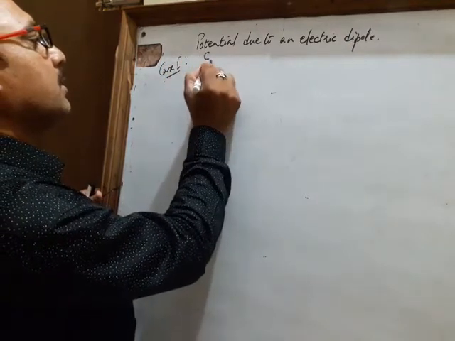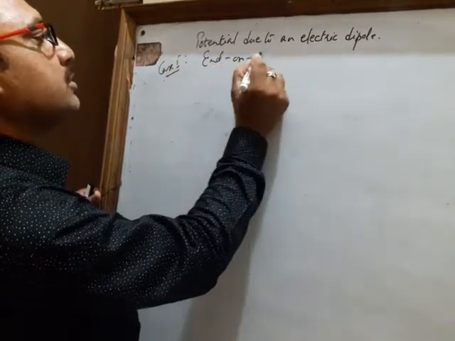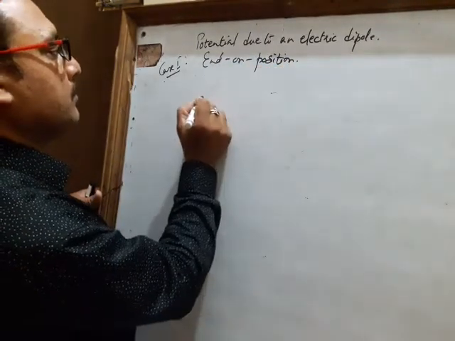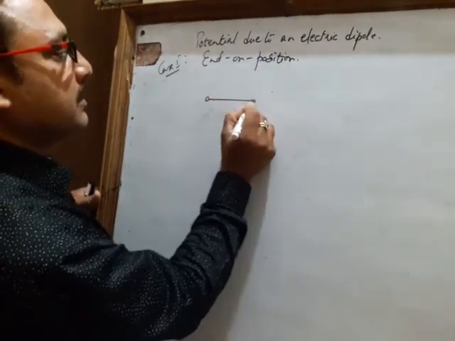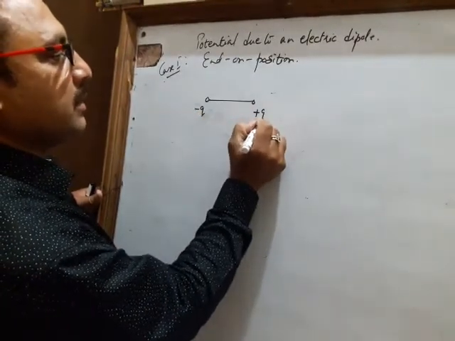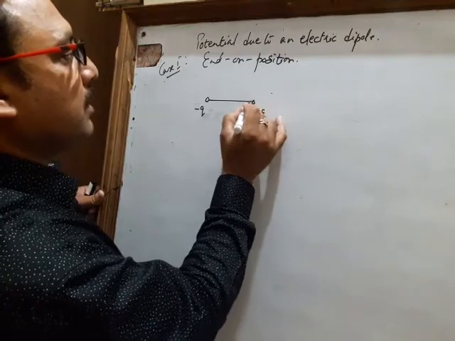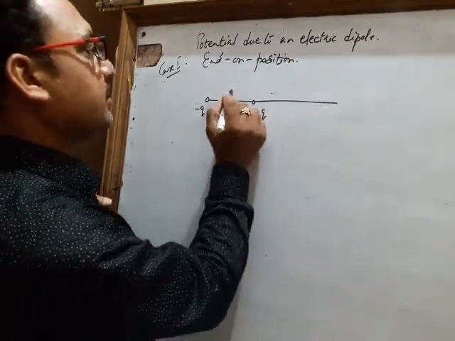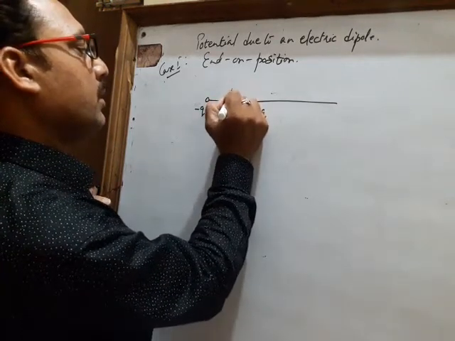Case 1, end-on position. This is the dipole. The method is just similar to the one where we had taken out the field intensity due to an electric dipole.